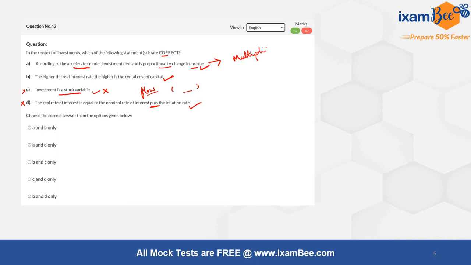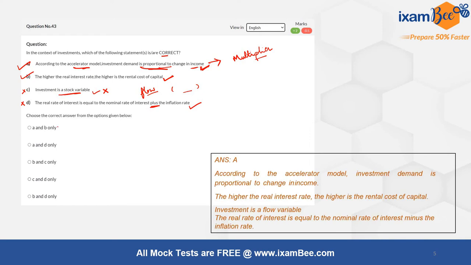Multiplier effect tells you that if due to some changes in your investments, by how much your income changes. But the accelerator is right opposite of the multiplier. It tells you that because of changes in income, how much the investment demand would change. So statements A and B are right here. Answer is A and B only, A.